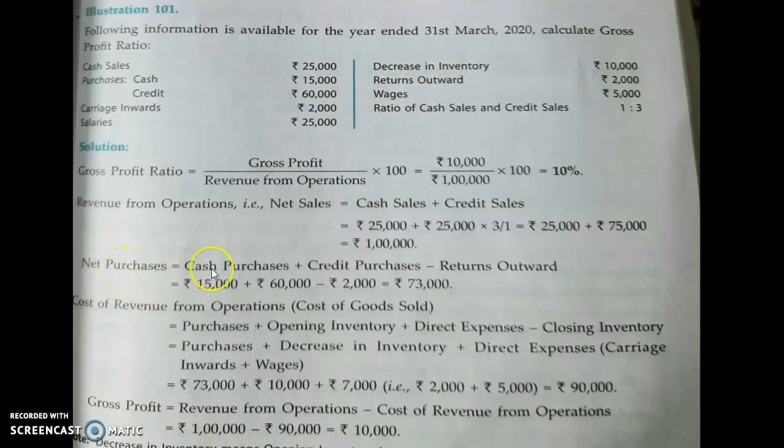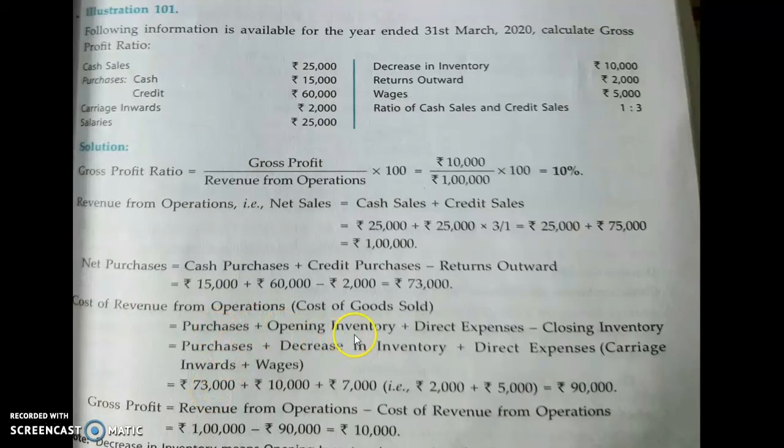See here, they have written it as a separate formula. Net purchase is equal to cash purchase plus credit purchase minus return outward. So doing this calculation, the net purchase you will get is 73,000.